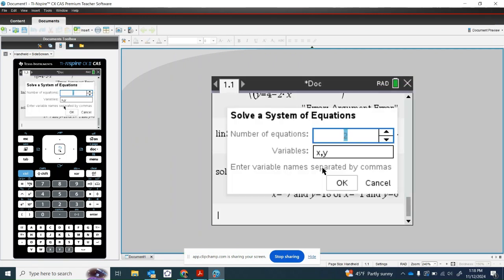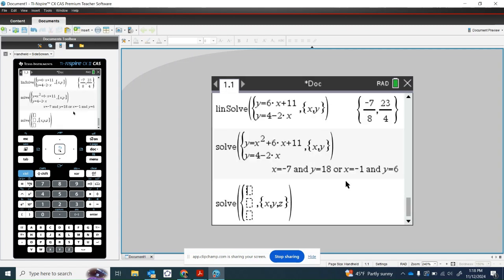But I can go down here and say I want 3. So x, y, z. So if I have 2x plus 3y minus 4z equals 0, negative 4x plus 3y minus z equals 5. I don't know if this is going to have a nice answer or not, but it will give me all of the answers when I'm done.